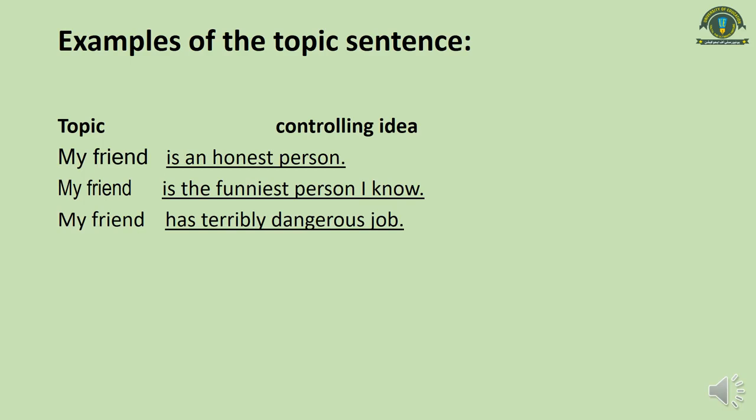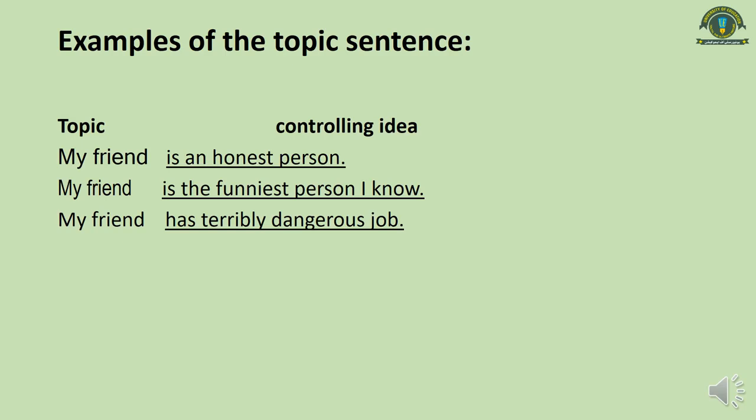For example, my friend is an honest person, my friend is the funniest person I know, and my friend has a terribly dangerous job. So these are topic sentences in which the main topic is my friend, and the controlling ideas are written in front of that, like an honest person, the funniest person, who does terribly dangerous jobs. So these are the controlling ideas.